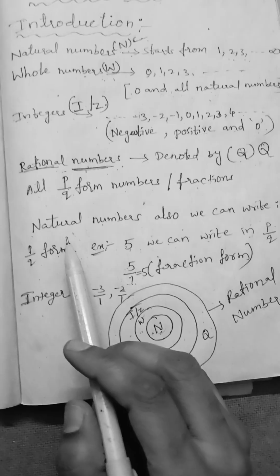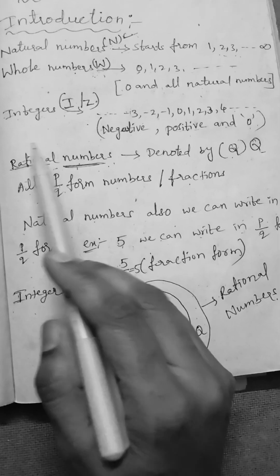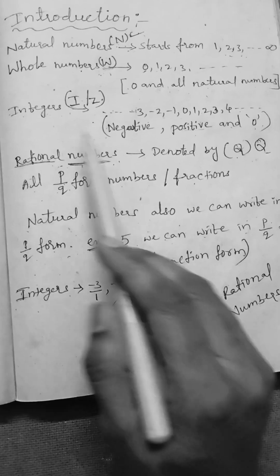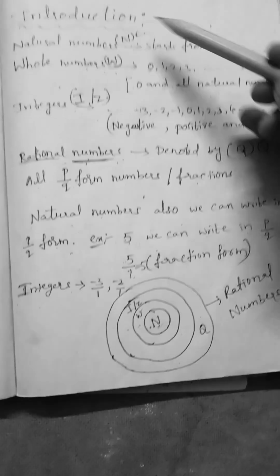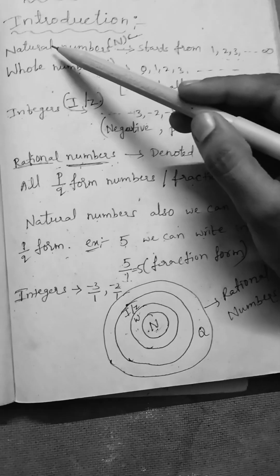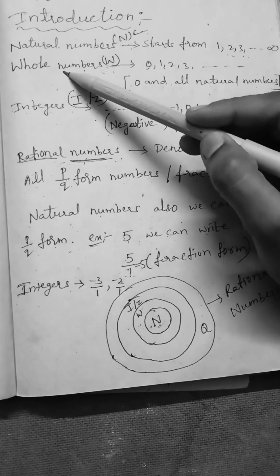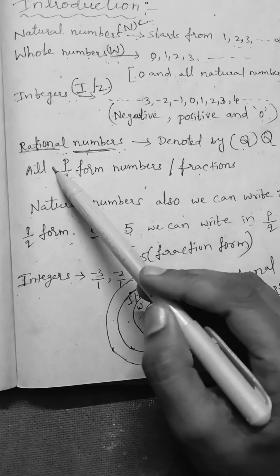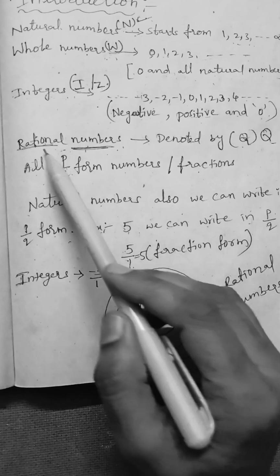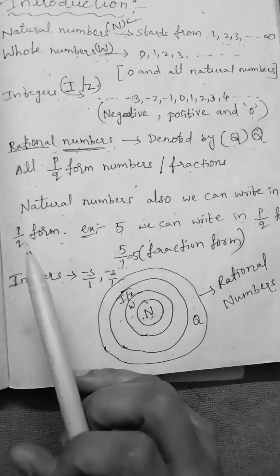So now we can finalize: the collection of rational numbers is the natural numbers, whole numbers, integers and p by q form numbers. These are all called rational numbers.